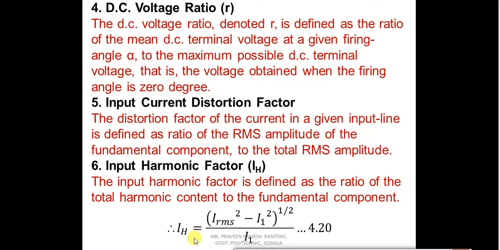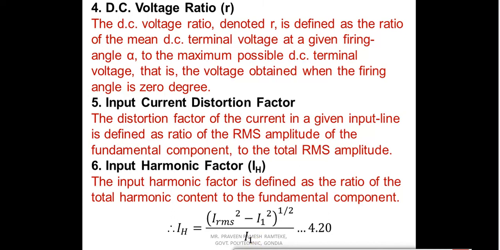So it is given by the equation, square root of IRMS square minus I1 square, divided by I1, where I1 is the fundamental component.